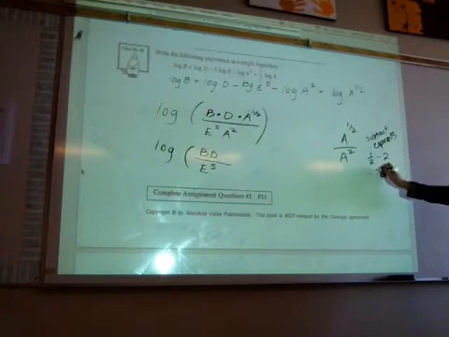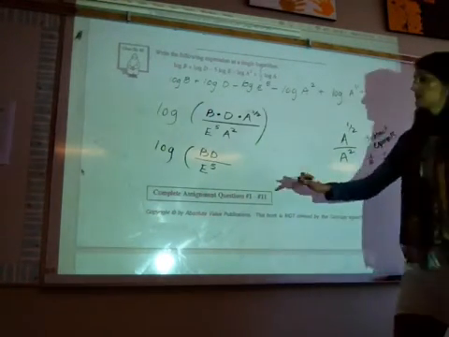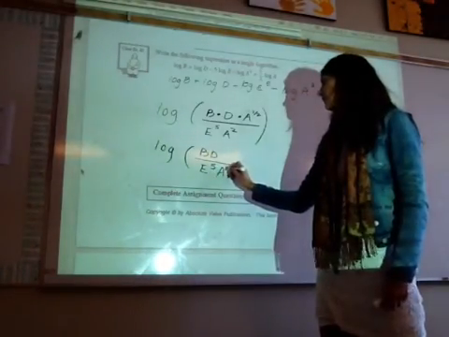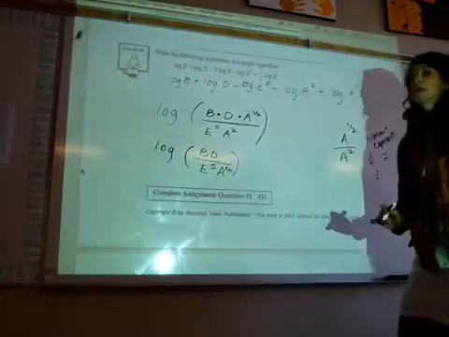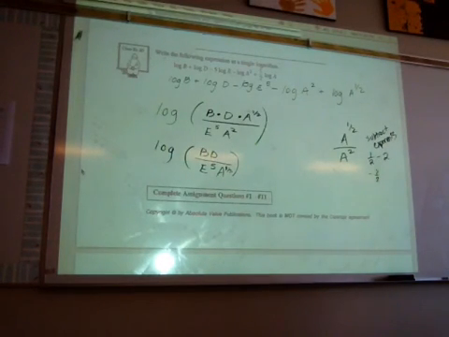This is negative 1.5. So if it's negative, that means we want to put it in the denominator, a to the power of 3 over 2, as a positive. And that's about as simple as it can get. We went from 5 logarithms to 1. And I'll say it again.